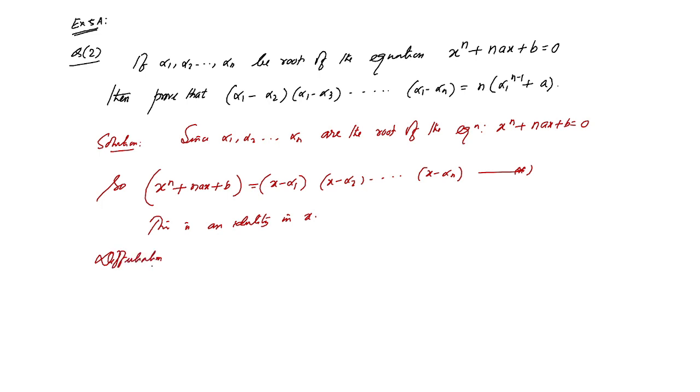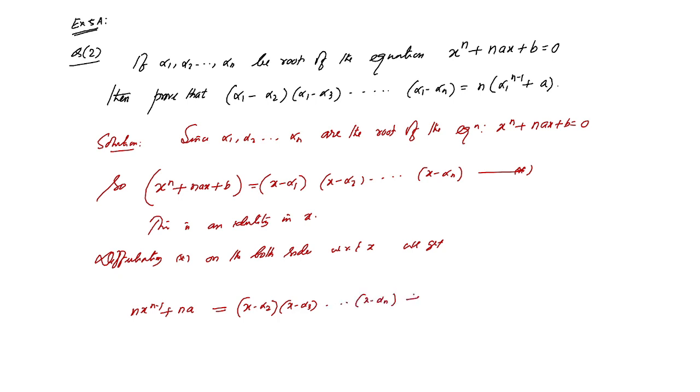Differentiating star on both sides with respect to x, we get nx to the power n minus 1 plus na equals (x minus alpha 2)(x minus alpha 3)...(x minus alpha n) plus (x minus alpha 1)(x minus alpha 3)...(x minus alpha n) plus ... plus (x minus alpha 1)(x minus alpha 2)...(x minus alpha n minus 1).